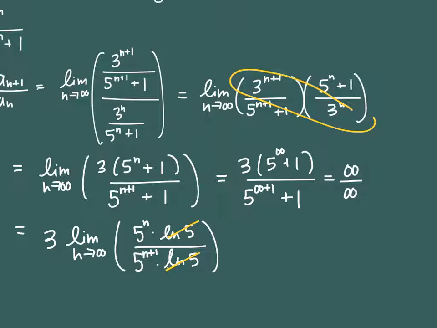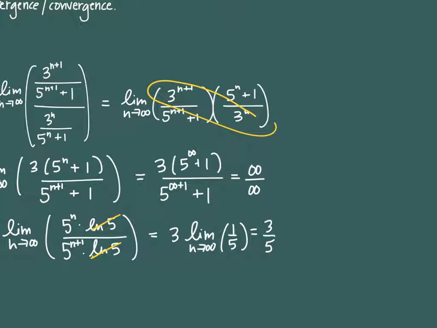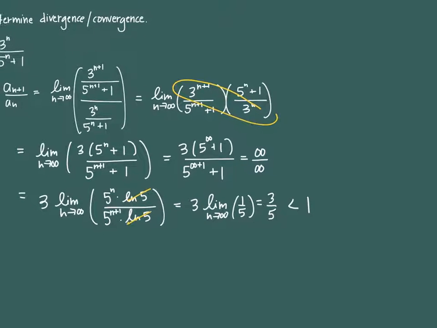The ln 5's reduce, and what happens to the 5 to the n on top and the 5 to the n plus 1 on the bottom? I get 1/5. So I'm left with 3 times the limit as n approaches infinity of 1/5, which is 3/5, which is ultimately less than 1.